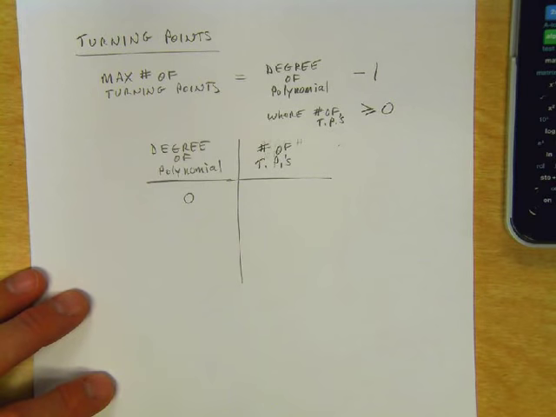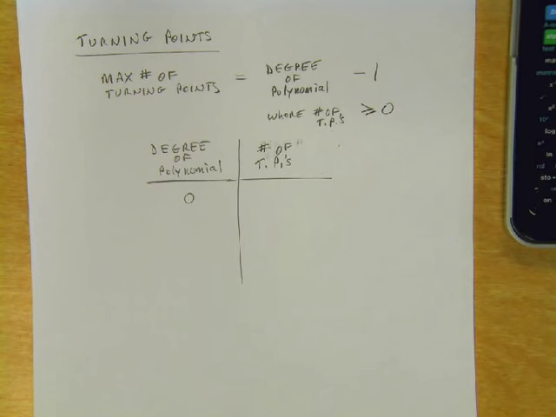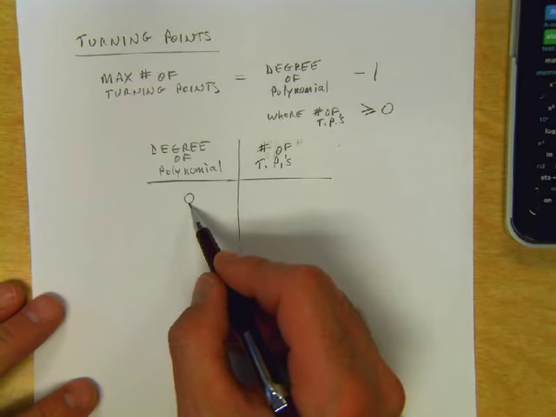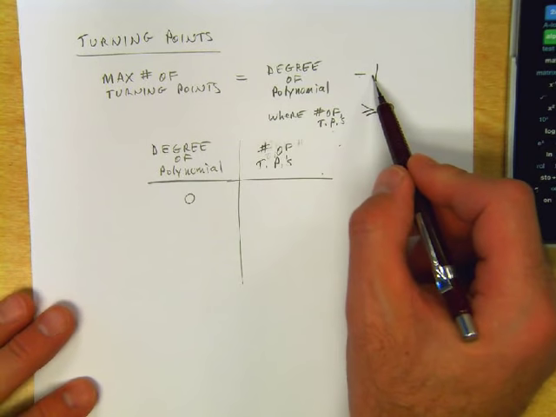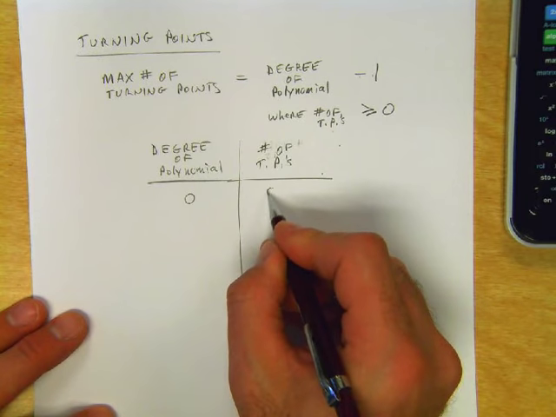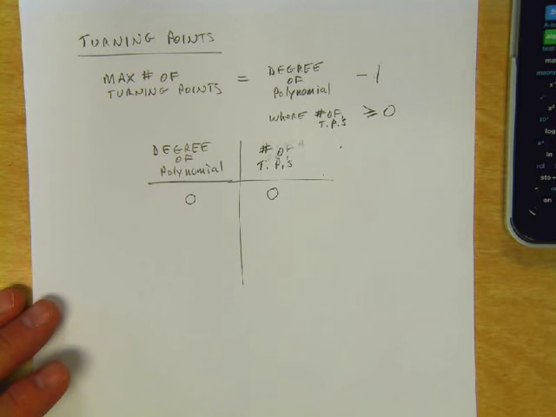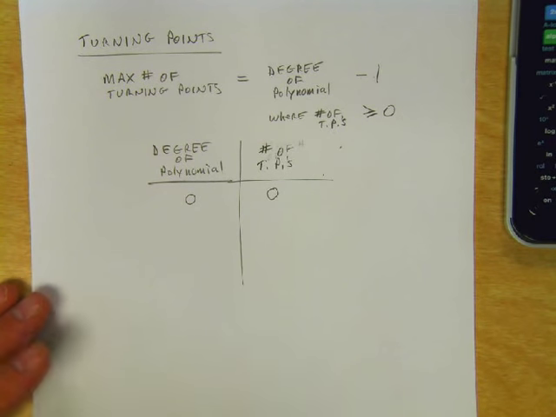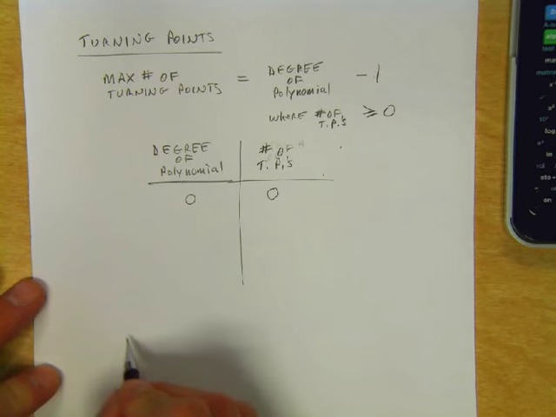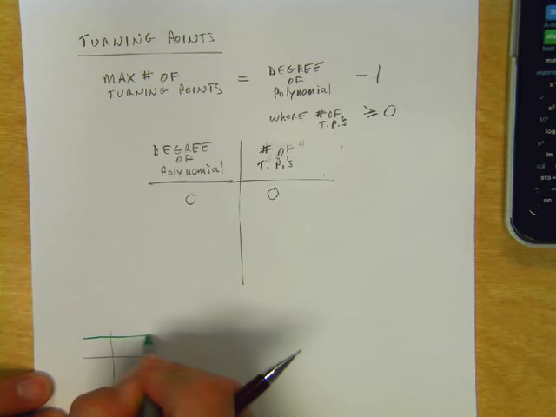Okay, here we go. If the degree of the polynomial is 0, what's the name of the polynomial if it's 0? Constant. That's just a horizontal straight line, right? So 0 is the degree of the polynomial. 0 minus 1 is negative 1. But it always has to be greater than or equal to 0. So it has to be 0. If you think about a horizontal line, how many turning points does it have? None. So that makes sense. Okay, here we'll draw a little picture.